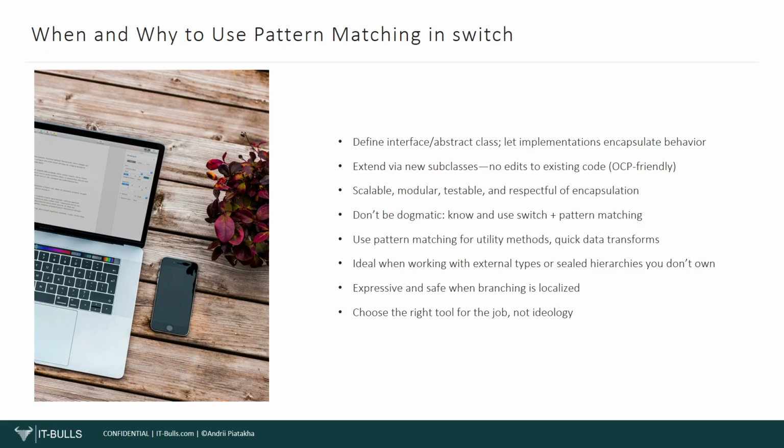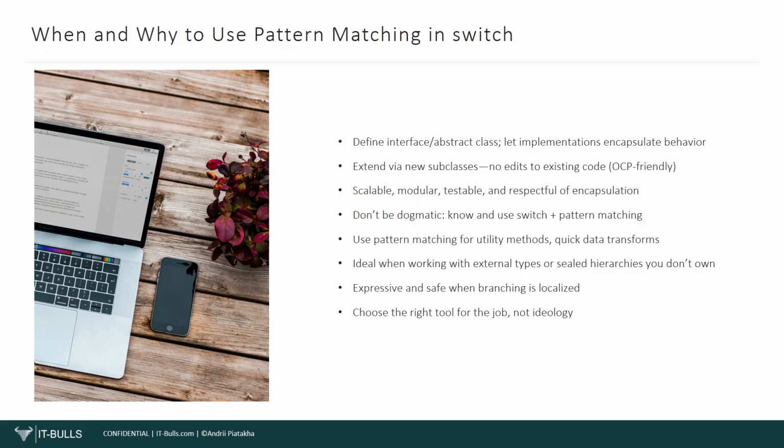But, and this is key, as professional Java developers, we must not be dogmatic. We need to be fluent in all the tools the language offers, including switch and pattern matching. There are places where it makes perfect sense, for example, in utility methods, in quick data processing logic, or when working with external types or sealed hierarchies that you don't own.